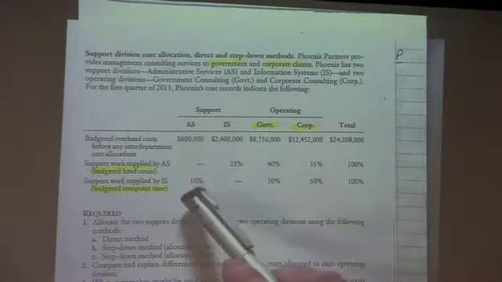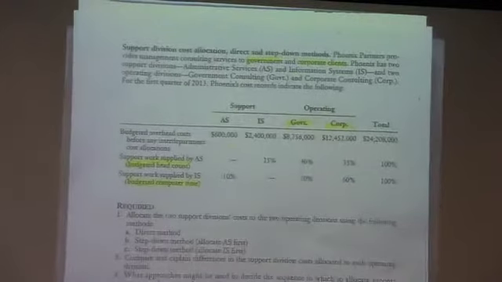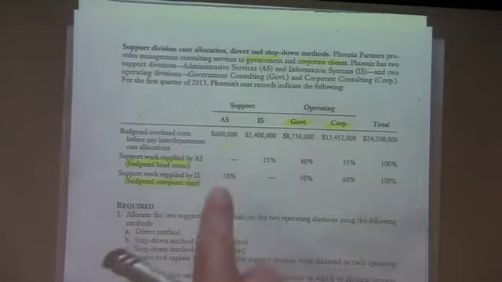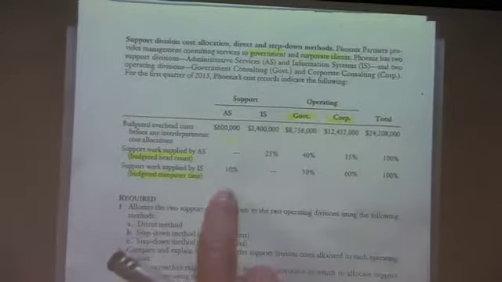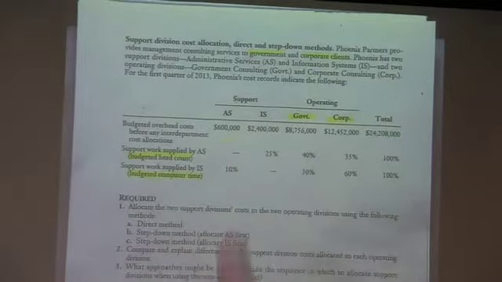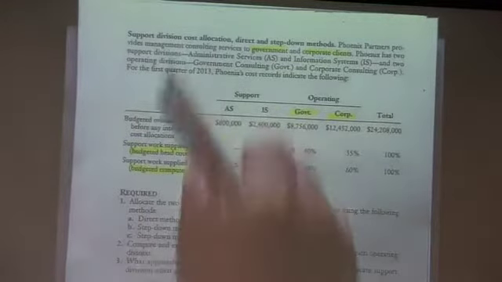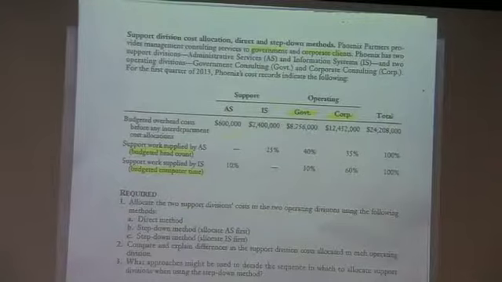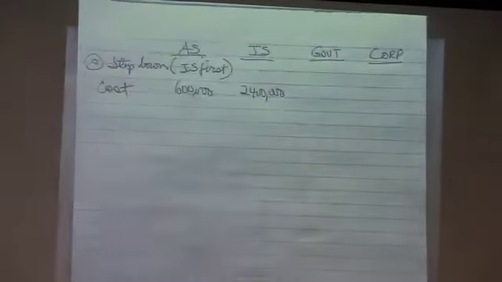And remember, how much of the administrative department support work is supported to the administrative department from the IS department is 10%. So we're going to allocate 10% of the 2.4 million to the AS department before we allocate the AS department. And of course, you have to allocate the rest of it.